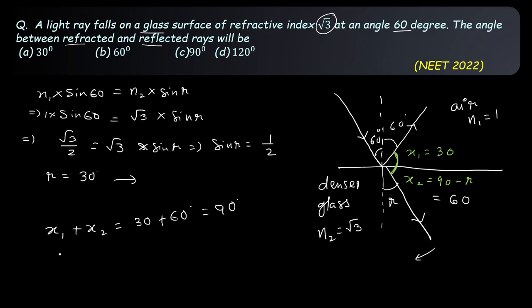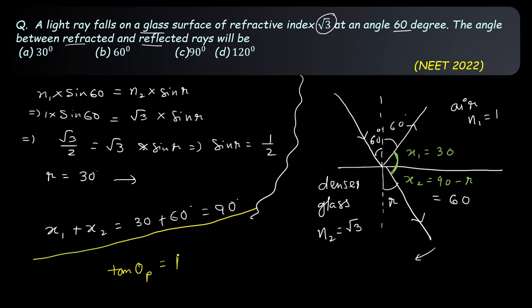Now you observe one thing. We can solve it like this by drawing the diagram and so on. But in the polarization topic we know that when the ray of light is incident on the interface at the polarization angle, the angle between reflected ray and refracted ray is 90 degree. And Brewster's law tells that the tan of polarization angle is equal to mu.